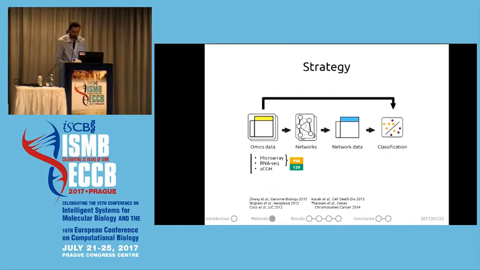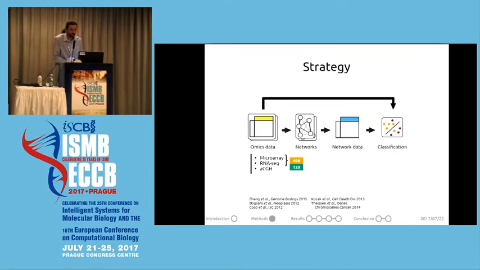So this is our strategy. We are starting from the omics data that were just introduced from neuroblastoma patients. We actually have two transcriptomic datasets for 598 patients. And after filtering, we have in addition genomic data for 120 patients.